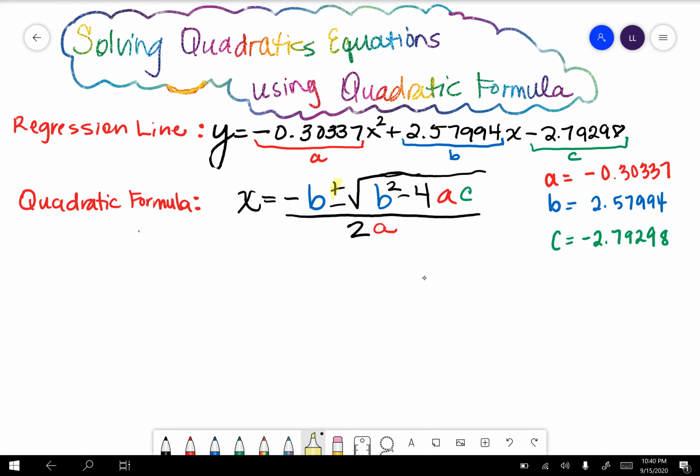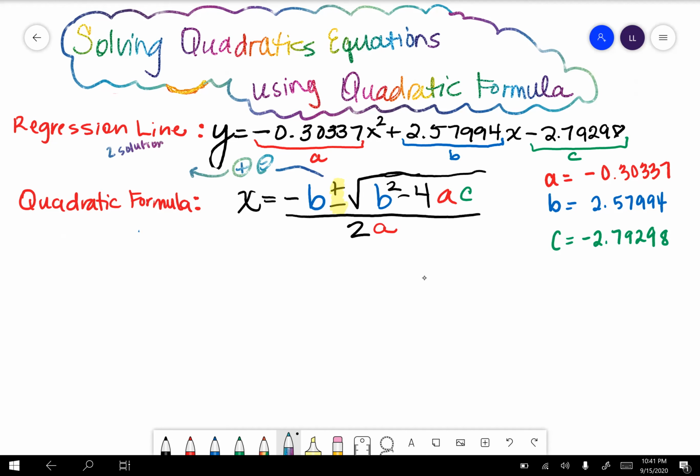So to solve the quadratic equation, we're actually going to do two different operations. Do you see here where it says plus or minus? That right there tells me I'm going to do two operations. I'm going to add, and I'm also going to subtract. Those are the two things I'm going to do. So that means I'm going to possibly end up with two different solutions. So two solutions is a possibility.